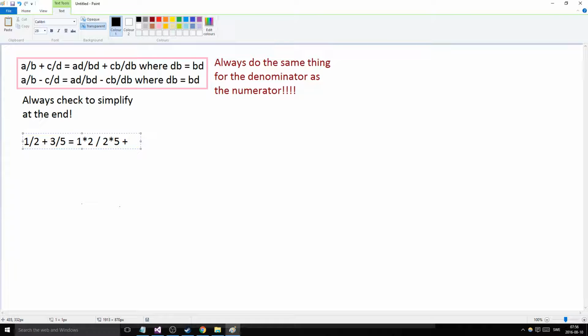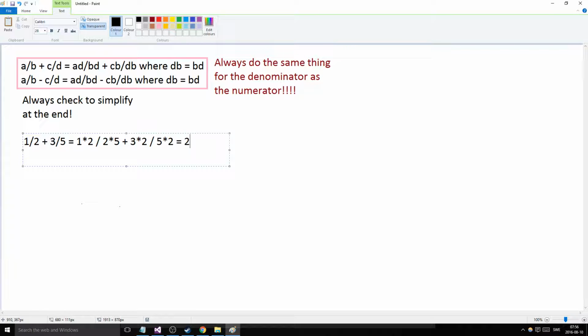And then we have our 3 multiplied by 2. Why? Again, we're taking this whole thing, multiplying it by this, 5 multiplied by 2. You see this denominator and this denominator? They're exactly the same. That's what we need. But we have to do the same on both the numerator and denominator. That's why we're multiplying everything.